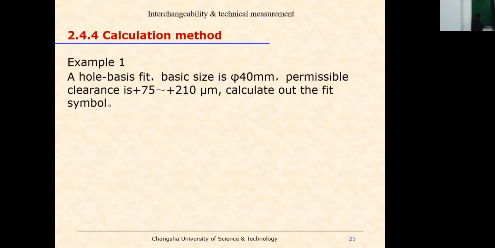Or H7, sorry, this is hole. G or H7 or H8 or M7 or M8. Like this one, how do you choose which one? I mean, that's the example. Choose from the table. Which one from table 38? Or just choose which one? Or design the grade.